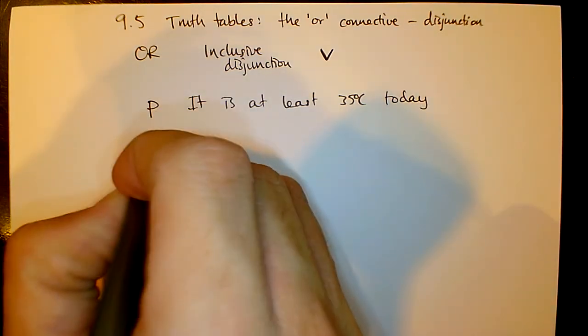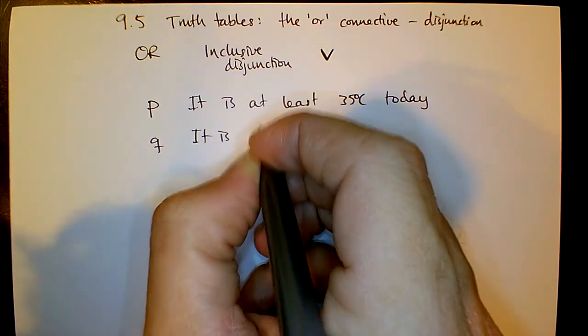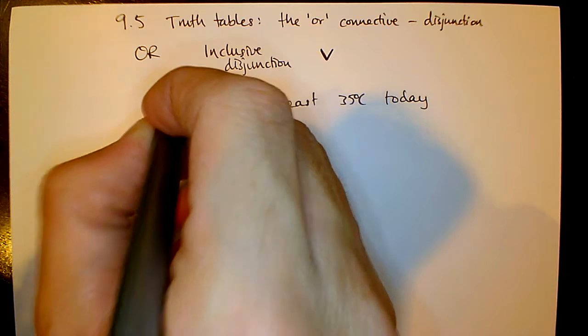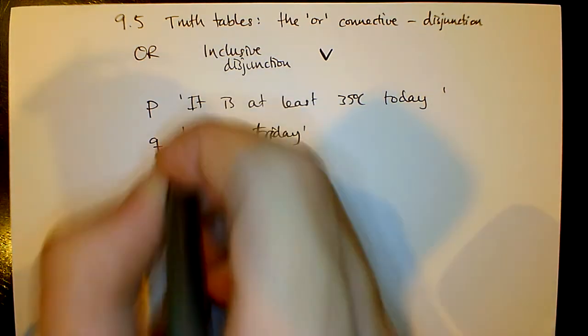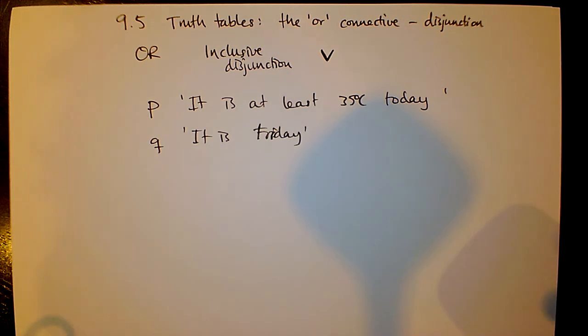And then Q is the statement that it is Friday. Then, according to the inclusive disjunction, we're looking at the case where at least one of them is true.